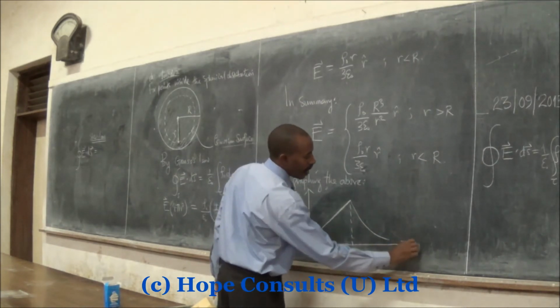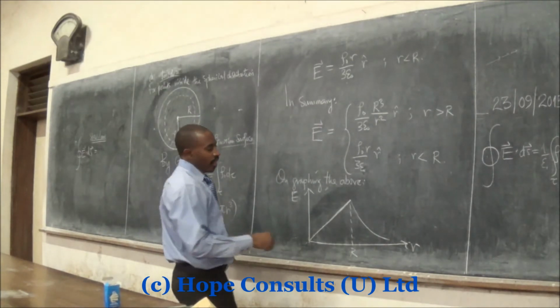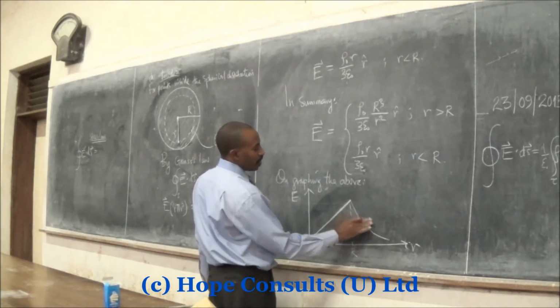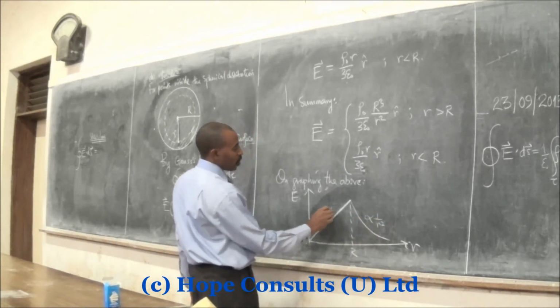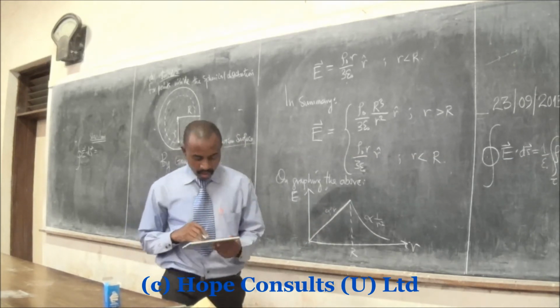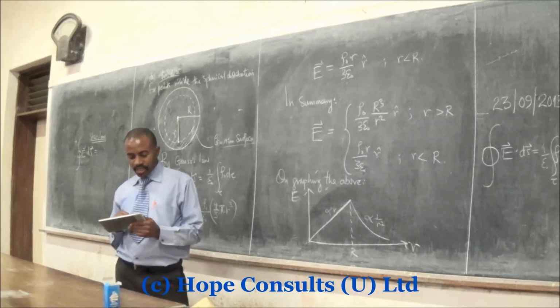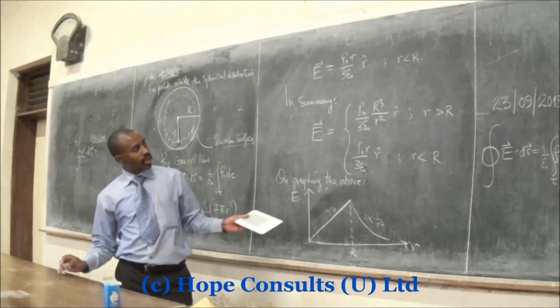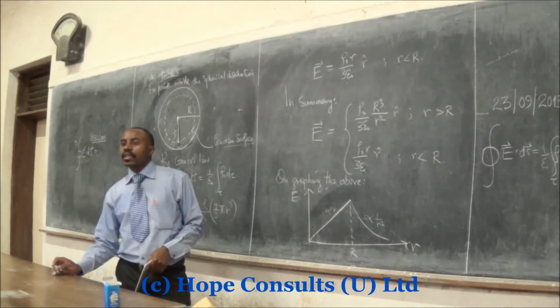This is the radius of the Gaussian surface, r, and this is E. This is proportional to 1 over r squared, and this is proportional to r. So now we know how the electric field intensity behaves by just looking at the spherical case.